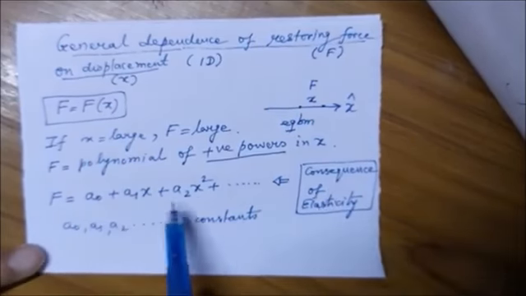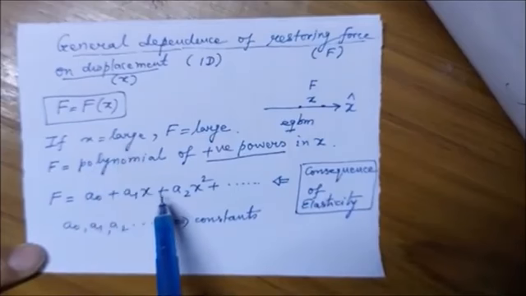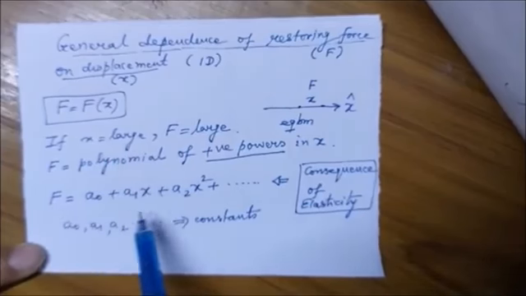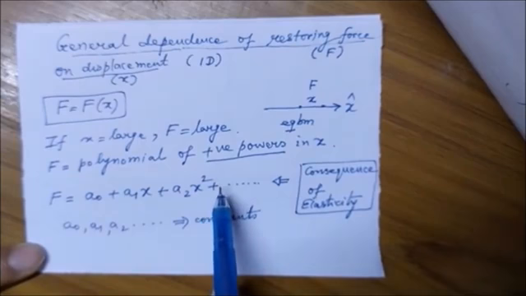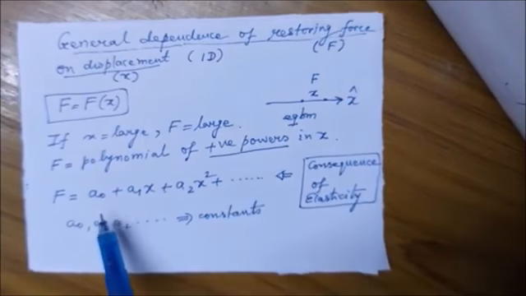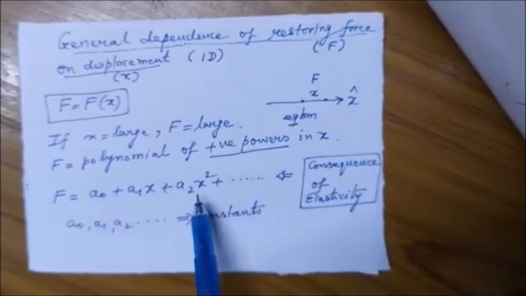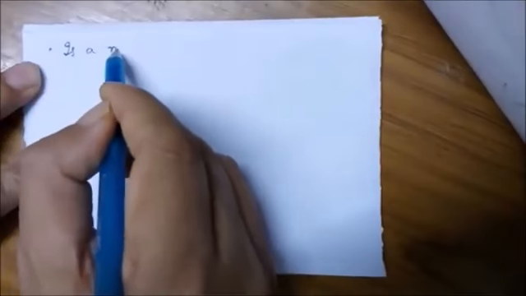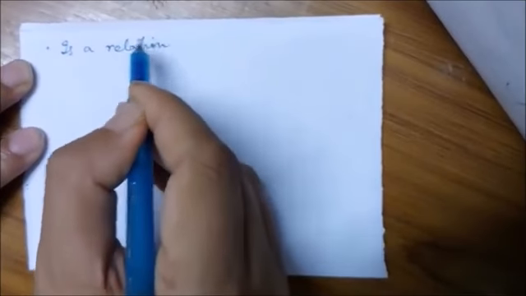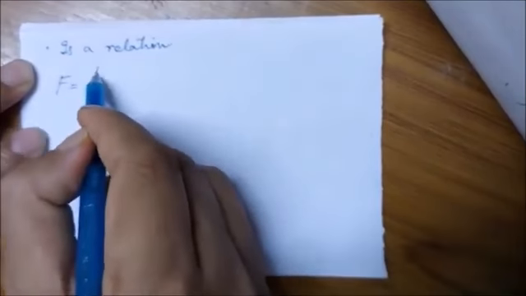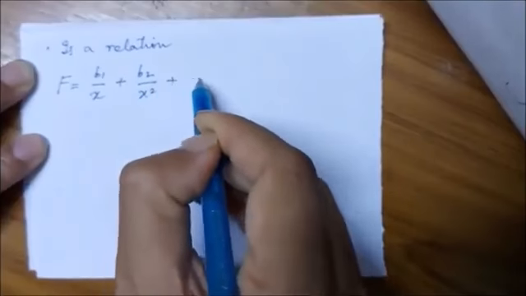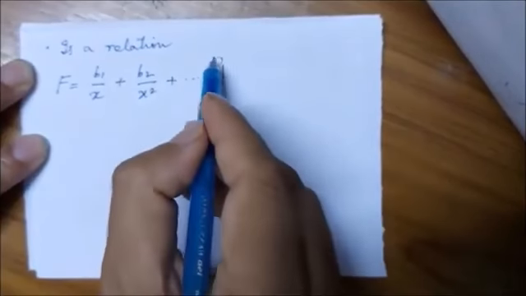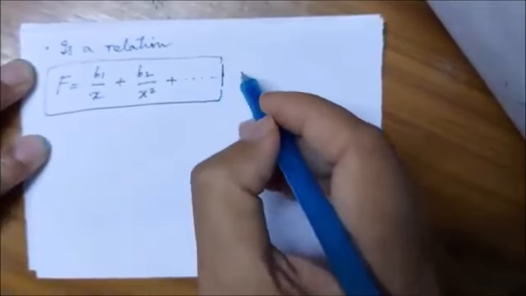Now it is clear from here that if X is large, then F is large. So we can indeed write this type of relation. What if we use the negative powers? Can we rewrite this series in terms of negative powers of x? So in other words, is a relation of the type, say F is equal to some constant by x, some other constant by x square, and so on, possible? So is it possible?